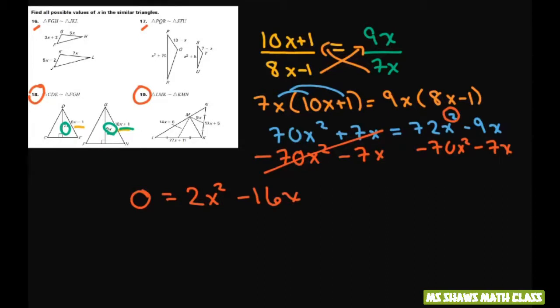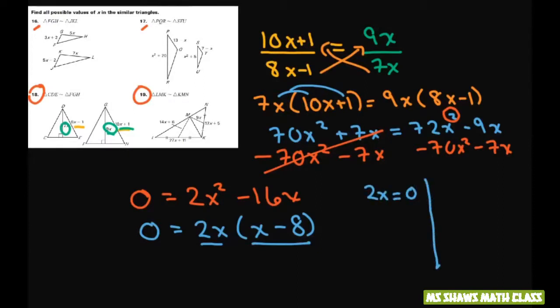Now using our greatest common factor, I'm going to factor out a 2x, and I get x minus 8. Setting both of these quantities equal to 0, we have 2x equals 0 and x minus 8 equals 0.